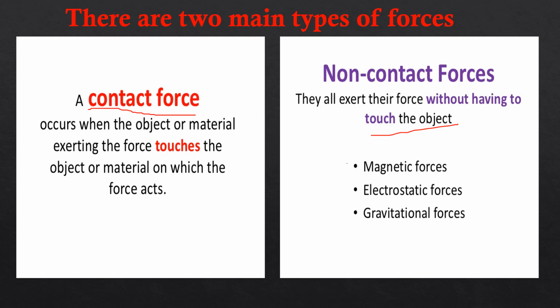For example, we have magnetic force, electrostatic force, and gravitational force. We will talk about these forces in the next lessons, inshallah. This slide was just for information, so you have to know the meaning of force and how many types of force there are.